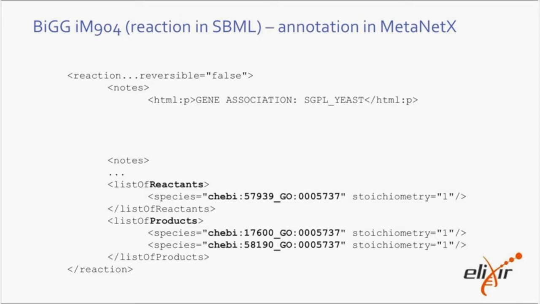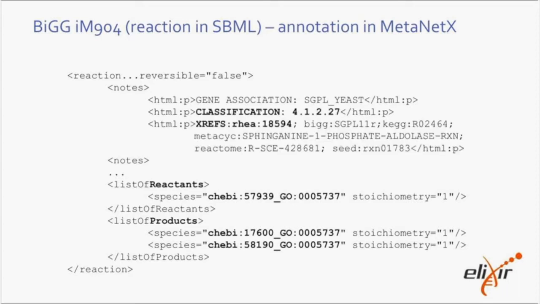So we get ChEBI for metabolites, and we get gene ontology terms for the compartments. Okay. Once we have annotation of metabolites, this metabolite annotation is then used to infer links to reaction databases such as Rhea and the enzyme classification. So MetaNetX is providing essentially post hoc annotation of metabolic networks and models.